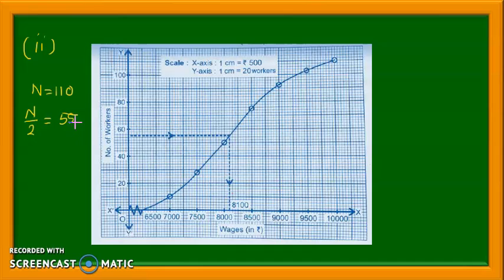That is the number of workers, on the y-axis. The 55 point comes somewhere here. From that point, draw a line to intersect the ogive. Then from that point of intersection, draw a perpendicular to the x-axis, and the point where the perpendicular meets the x-axis, whose x-coordinate is the median.